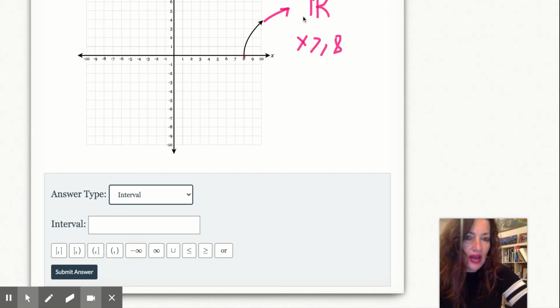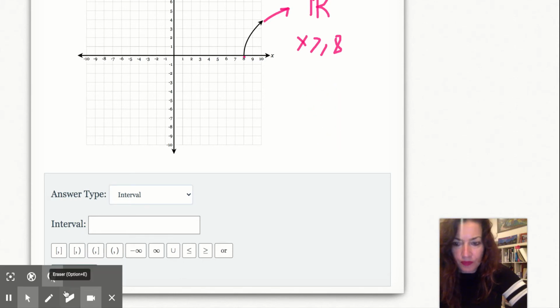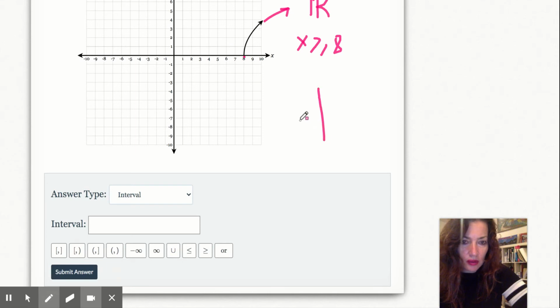Now, because I'm going to the right, let me just explain this. Anything going to the right is infinity, and anything going to the left is negative infinity.